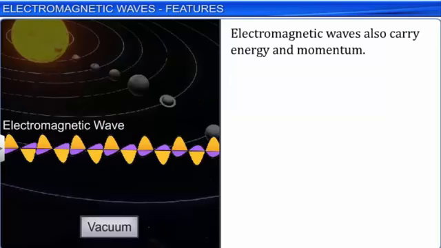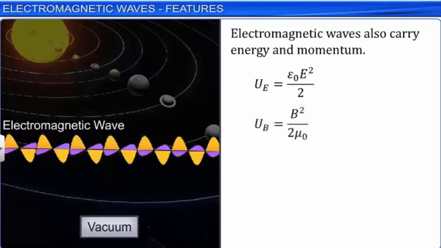We have learned that the energy density associated with the electric field in free space is written as UE is equal to epsilon naught E square by 2. And the energy density associated with the magnetic field in free space is written as UB is equal to B square by 2 mu naught.